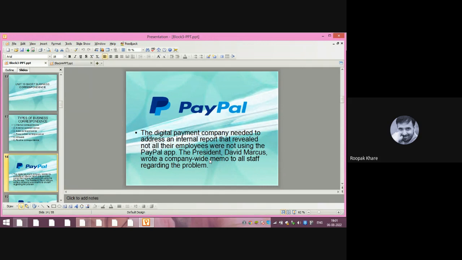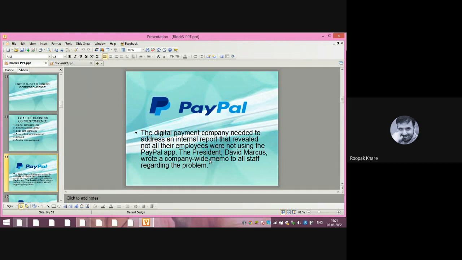PayPal. I'm sure you are aware of these new age companies called payment gateways. When you're buying something through an e-commerce website, or even paying your bills online, you realize there are a few names through which you make your payments. One of them is PayPal.